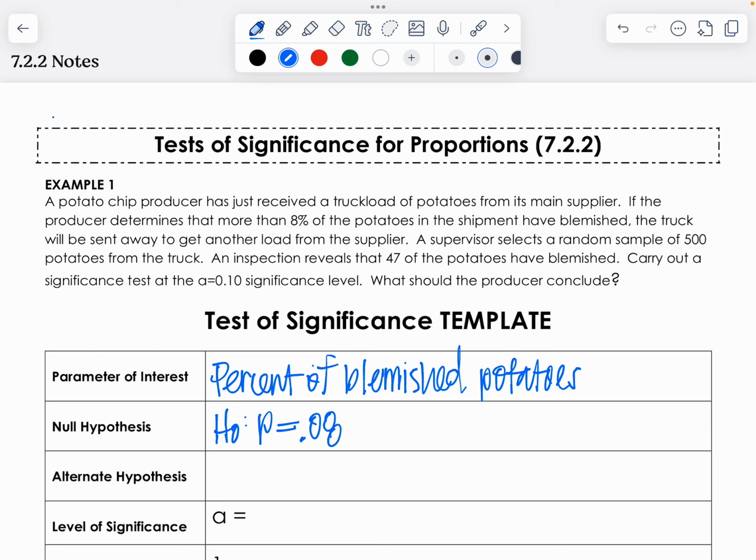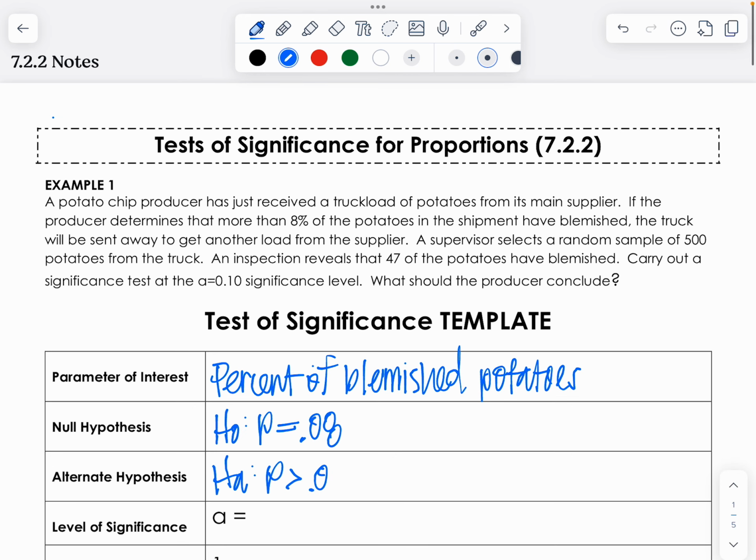Remember, null hypotheses always have to be equal, whereas our alternate, HA, will say that P is greater than 0.08. And so we are checking to see in any given truckload, is the population percent of blemished potatoes higher than 8? Because that will help this person decide, should they send away the truck or should they keep the truck?